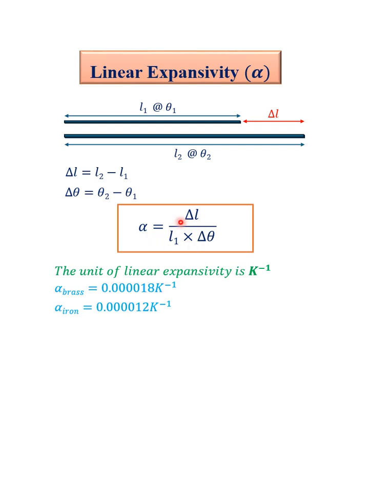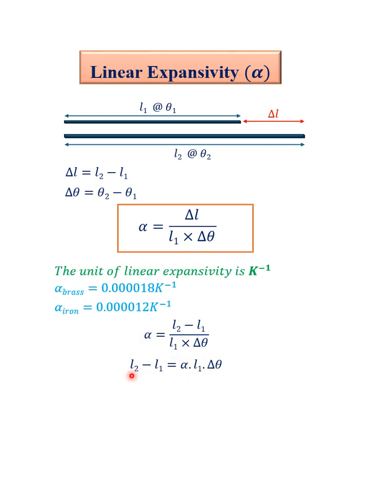So to get that, from here we can simply replace delta L by L2 minus L1, which is the change in the length, so that the linear expansivity alpha becomes L2 minus L1 all over L1 times temperature change. If we cross multiply here, L2 minus L1 is simply alpha times L1 times change in temperature.